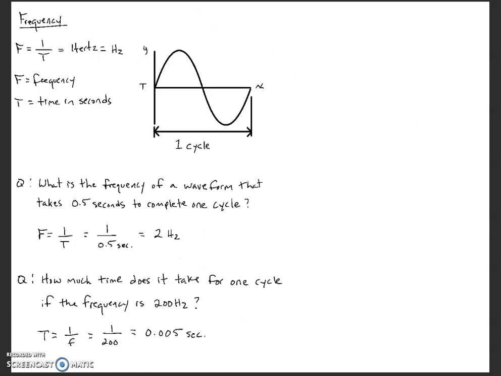So when we get into frequency, when we deal with our formula here, frequency is 1 over time. Also known as Hertz, expressed as Hz, F frequency, T time in seconds.